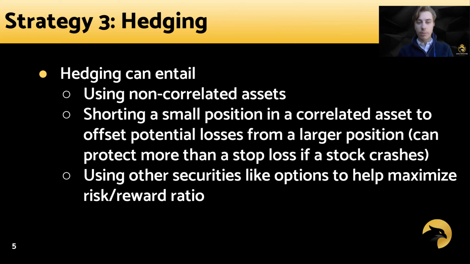That would defeat the whole purpose of a hedge. But if you get closer to where your stop loss would be, and you start to see much higher drawdowns than that, but you don't want to use a stop loss because on a much larger position the drawdown might be quite extreme, you can start using hedges like options.